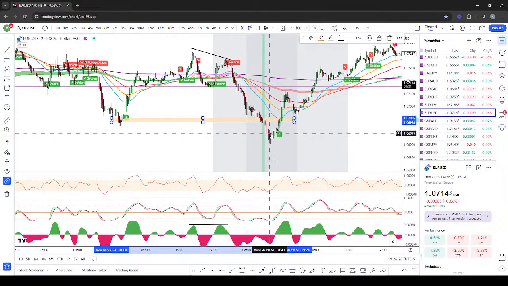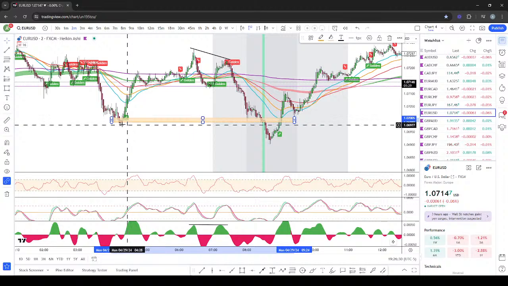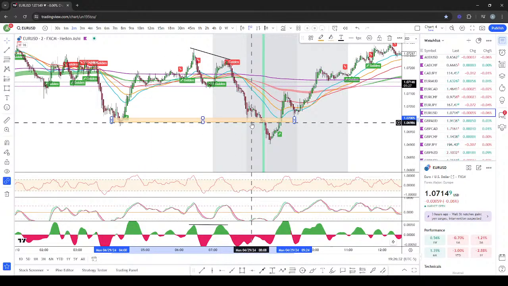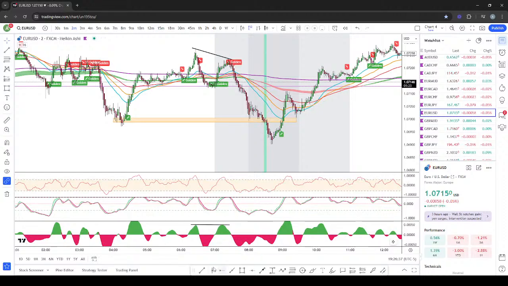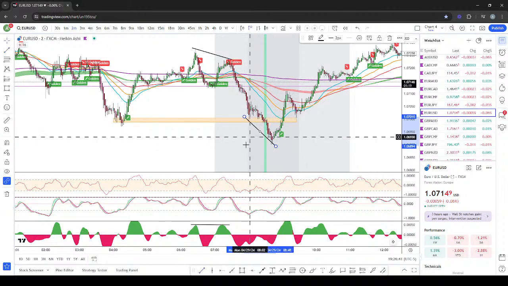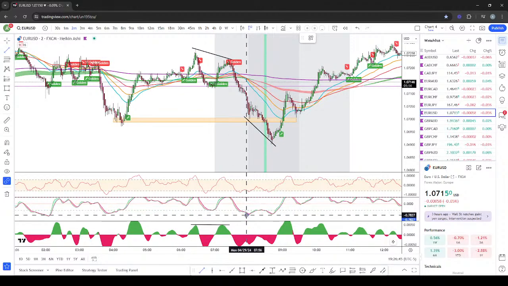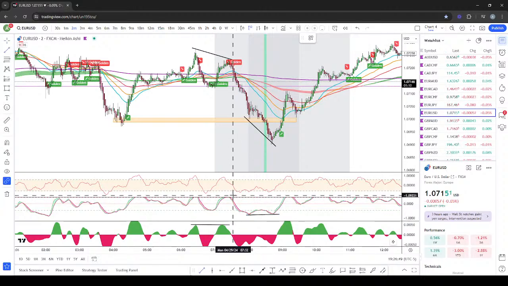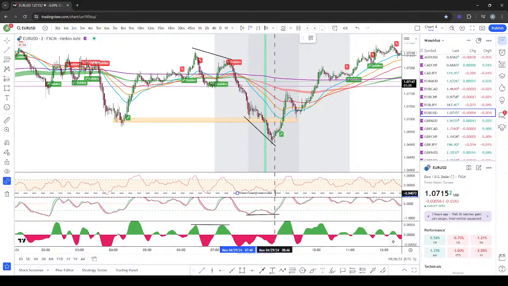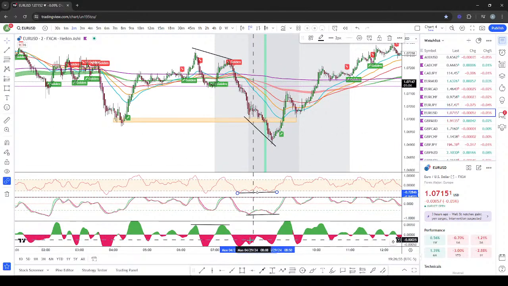So here we are at the open. We already have a level here, and we can clearly see a nice divergence area right here. You can see the shift in the oscillator. This is just going a little bit higher on the bottom side. This is making equal highs or just a smidge higher right here. It's doing the opposite.